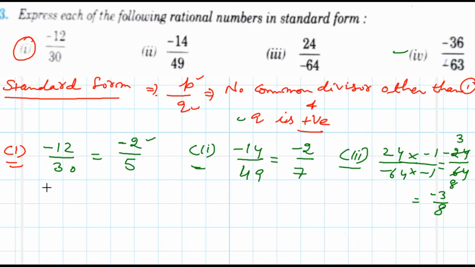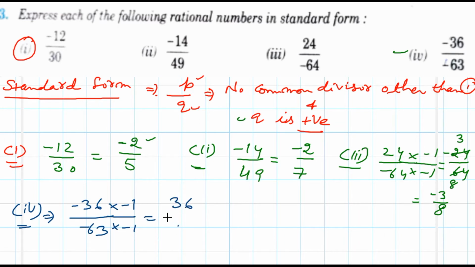So we will move on to the fourth question. Minus 36 upon minus 63. Both are negative, so we will make them positive by multiplying with minus 1. Minus minus plus, minus minus plus. So 9 4 ja 36, 9 7 ja 63.